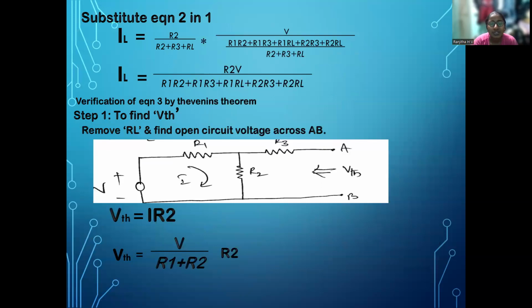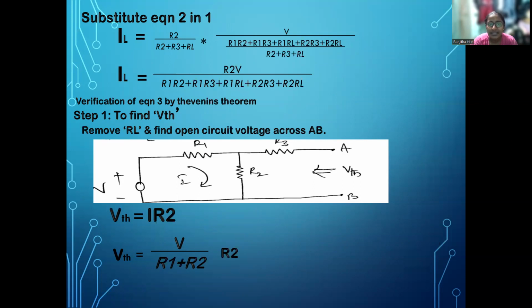Then substitute equation 2 in equation 1. That is, IL is equal to R2 divided by R2 plus R3 plus RL into V divided by R1R2 plus R1R3 plus R1RL plus R2R3 plus R2RL divided by R2 plus R3 plus RL.